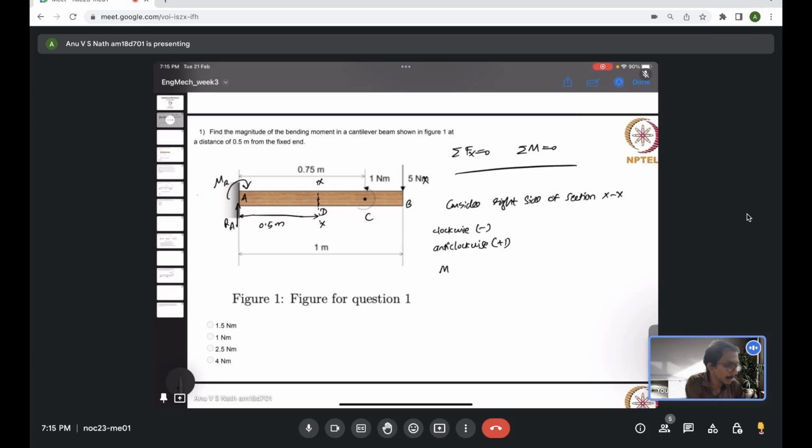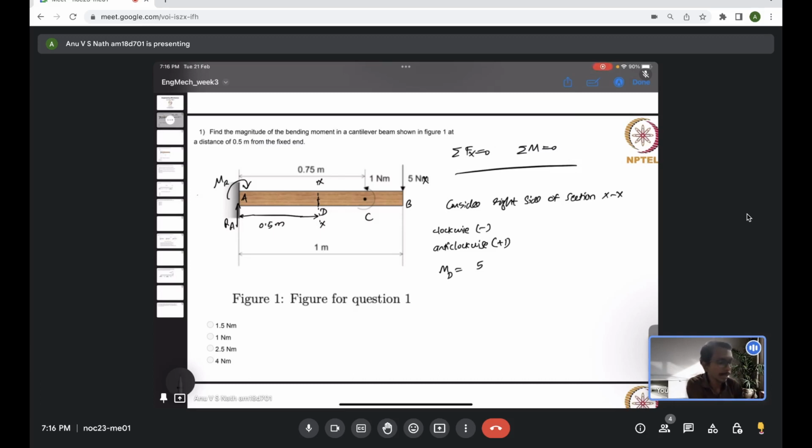So then the moment at the location D, we can consider all the forces and torques on the right side of the section XX. The 5 Newton is causing a moment, and from the XX section, it is 0.5 meter, right? Because the section XX is exactly at the middle of the beam, which is of 1 meter.